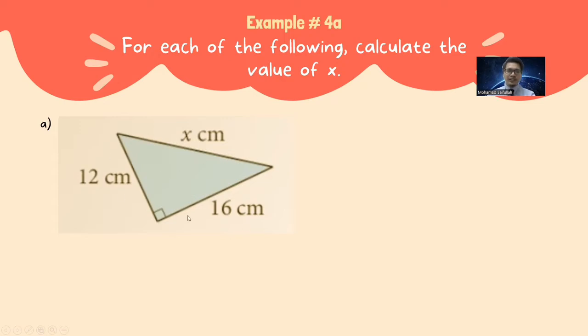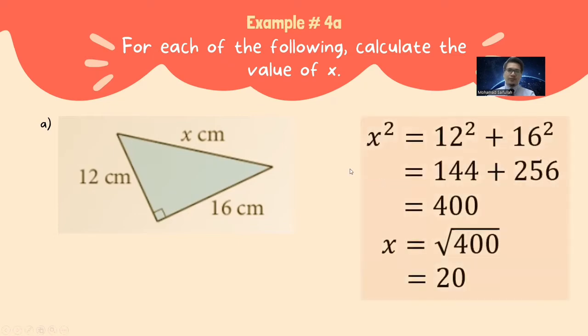As you can see, this is a right angle triangle. So what you need to do is write the relationship first. As you learned just now, the relationship based on this question, you can write as 12 square plus 16 square is equal to x square. Oops, I already showed you all the method.